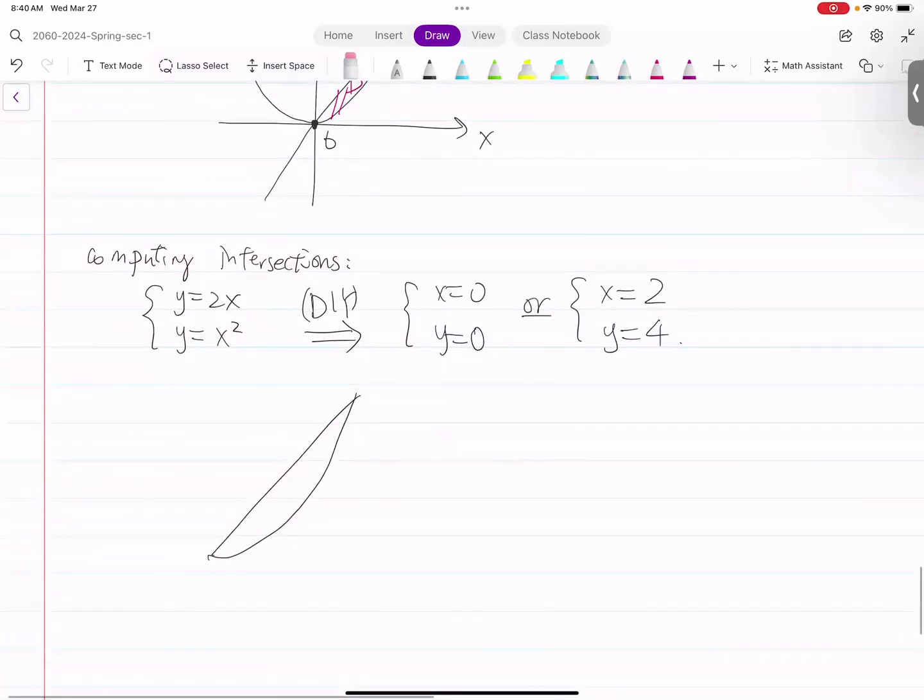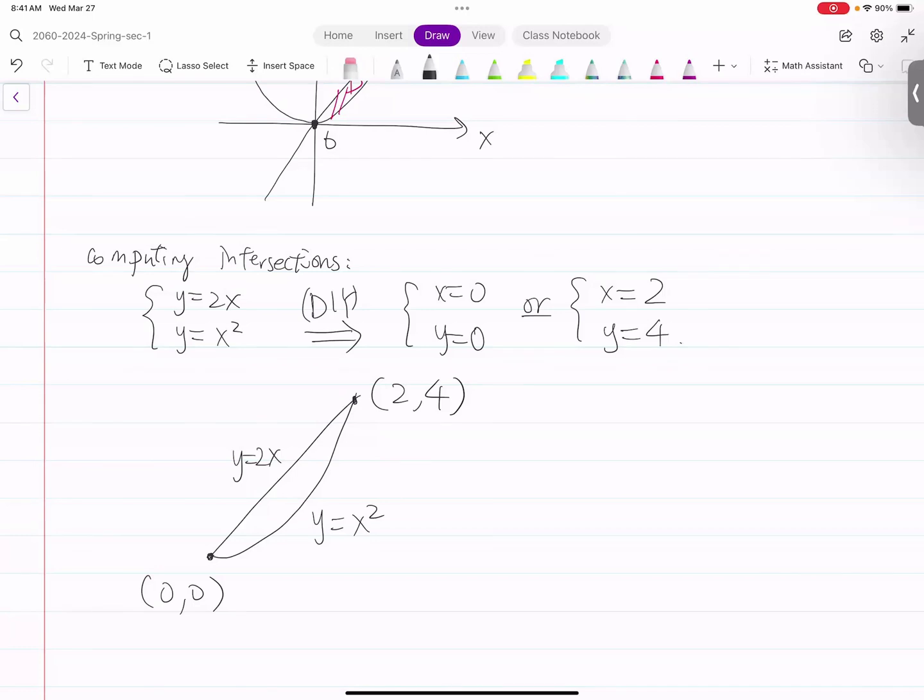So basically we just zoom up that region a little bit, at the bottom right here. Now the left-hand point is 0, 0. This point is the upper right corner, 2, 4. So the upper bound in terms of x is just y equal to 2x. The lower bound is y equal to x squared.